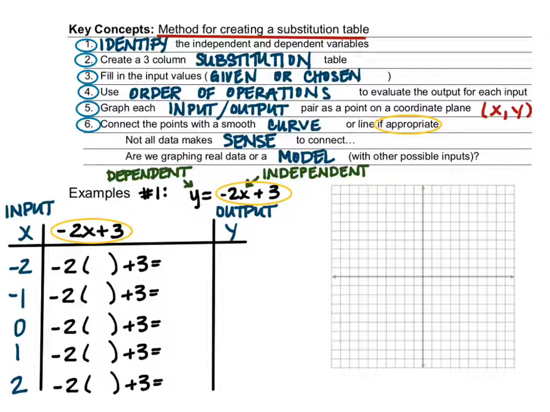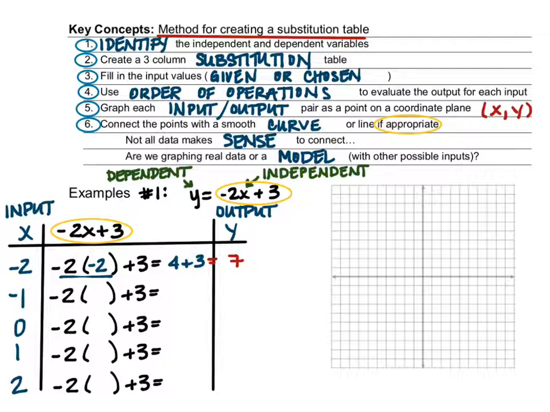From there, I'm now going to start to actually work through and substitute the value that I want to put in. So to start with, I'm going to put negative 2 into the first set of parentheses and say negative 2 times negative 2 is positive 4. And then I'm going to add 3 and give my output value of 7.